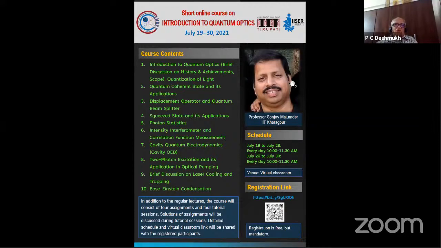A very hearty good morning to everybody, and a very hearty welcome from the Center for Atomic, Molecular, Optical Sciences and Technologies, which is a joint initiative of the IIT Tirupati and the ISER Tirupati.